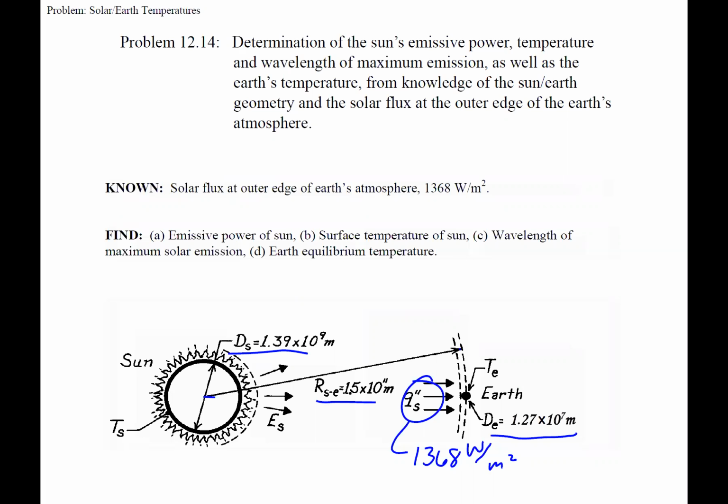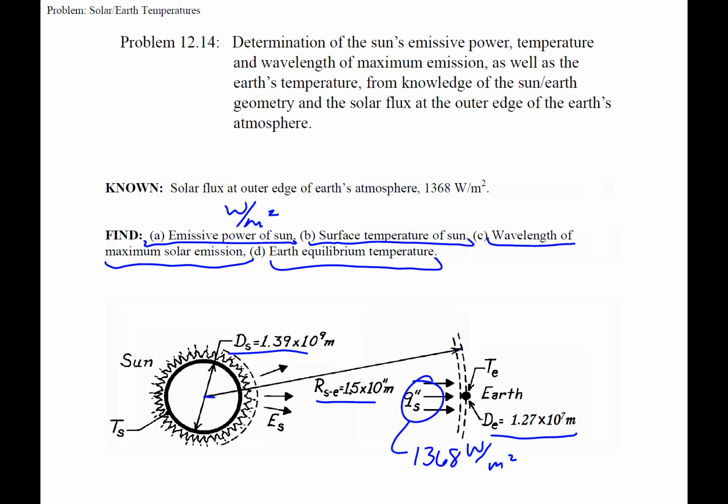So first off, they want the emissive power of the Sun. What's being emitted? In this case, it's going to be watts per meter squared still. And then we have the surface temperature of the Sun, wavelengths at the maximum solar emission, and Earth's equilibrium temperature. So we'll start with the emissive power of the Sun. It's asking for power, right?